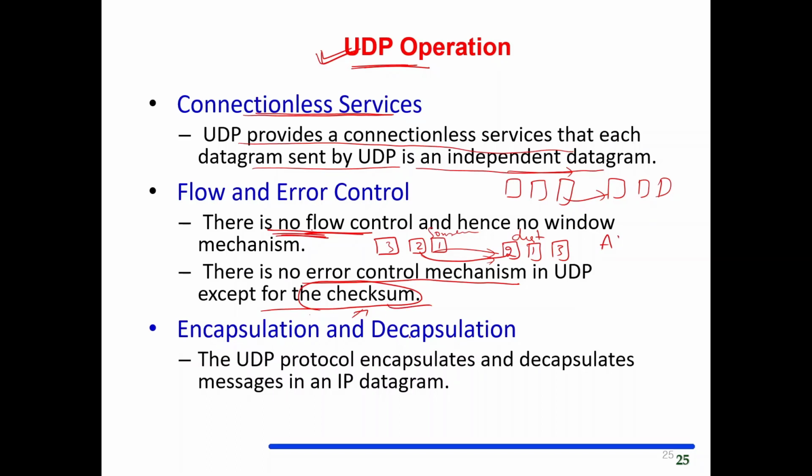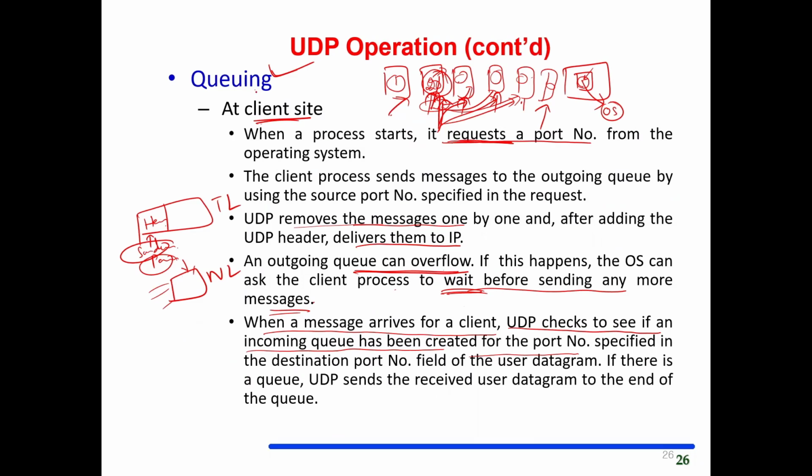Encapsulation and decapsulation will be there. All of these happen with the port numbers. It is connectionless, which is why it is unreliable. There is also a queuing method. Whenever a message comes in, it will always check the destination port number, and only after that will it allow the particular message into the client side.